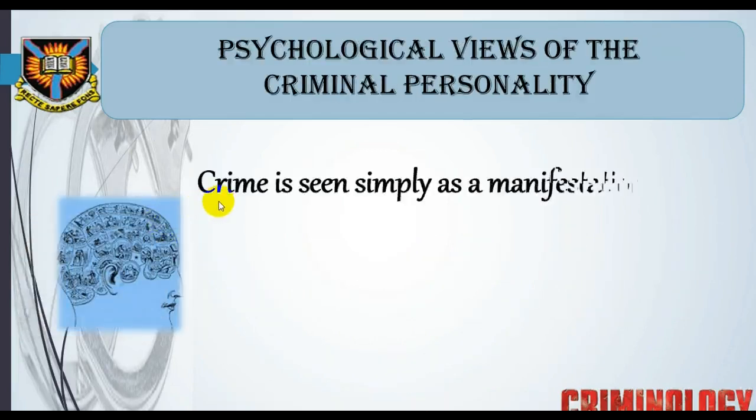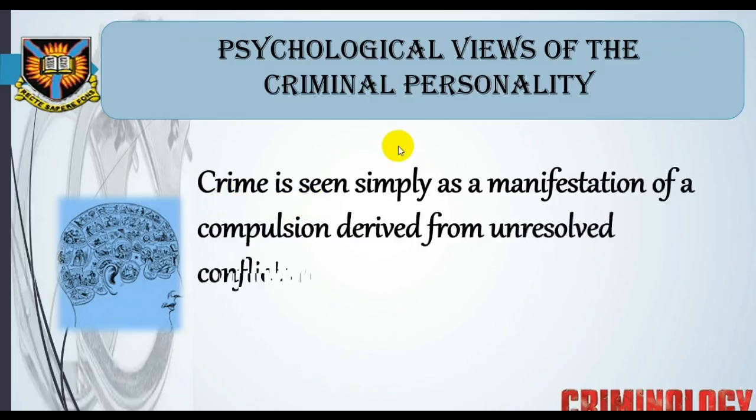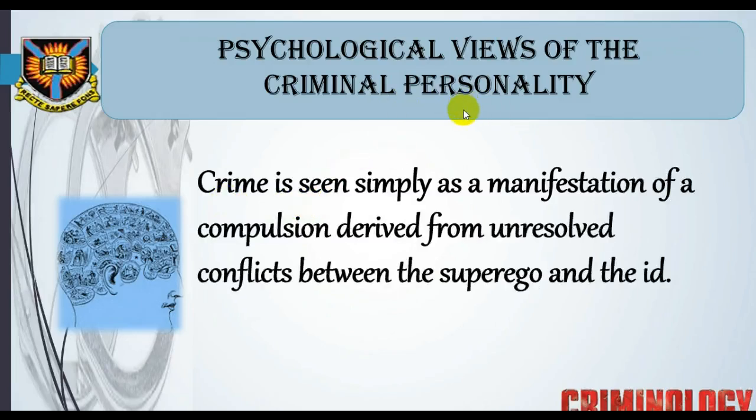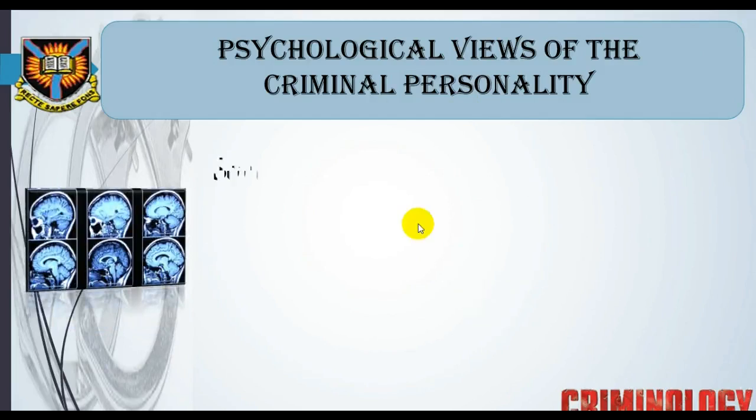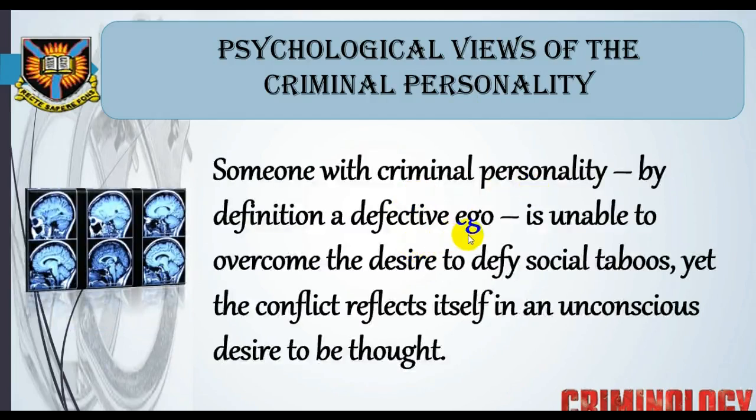5. Psychological views of the criminal personality. Crime is seen simply as a manifestation of a compulsion derived from unresolved conflicts between the superego and the id. Someone with a criminal personality, by definition a defective ego, is unable to overcome the desire to defy social taboos.